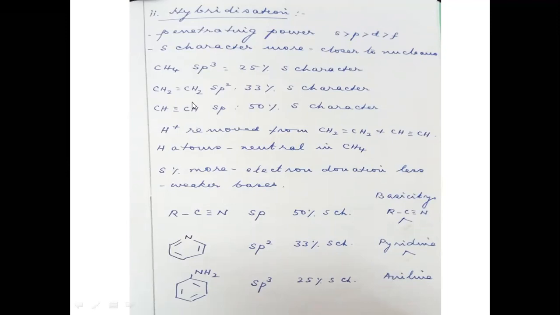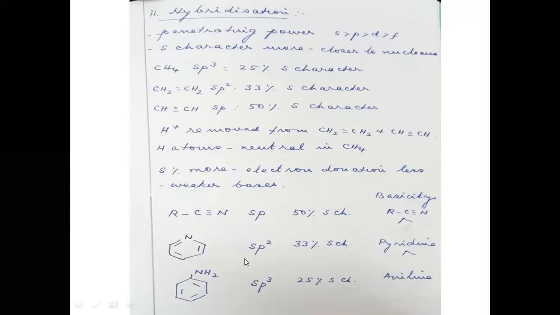In the case of acetylene, it is 50% S character, which is the most acidic among them. So removal of H plus becomes very easy in the case of acetylene and can be removed with a little effort. In the case of ethylene, it is harder, and it cannot be removed in the case of methane.